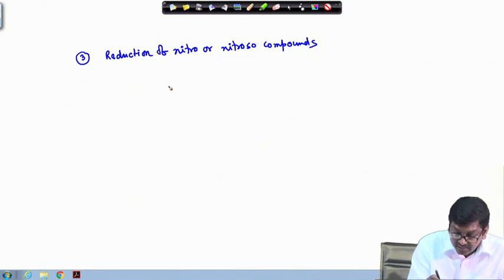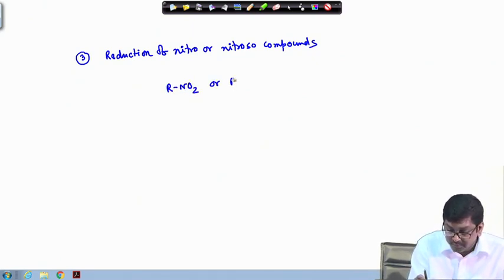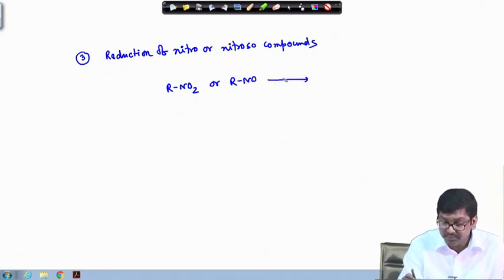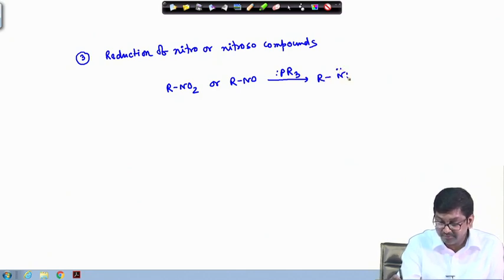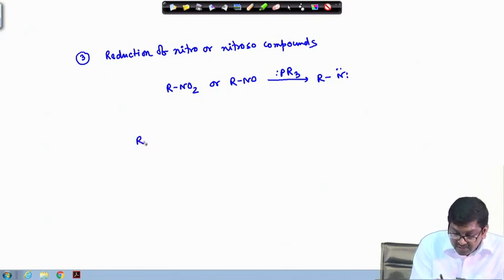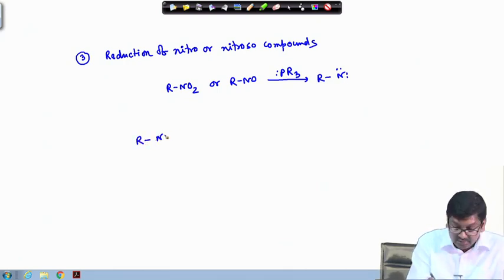For example, if we take this nitro or nitroso compound in presence of some phosphines, this will give the corresponding nitrene. Okay. So, if you see the mechanism, how does it work?